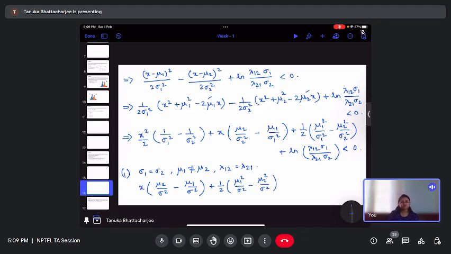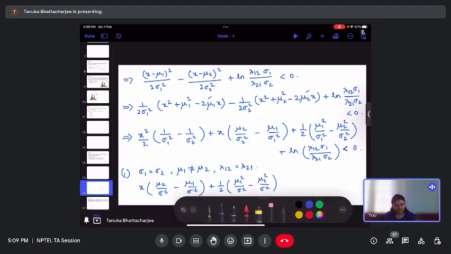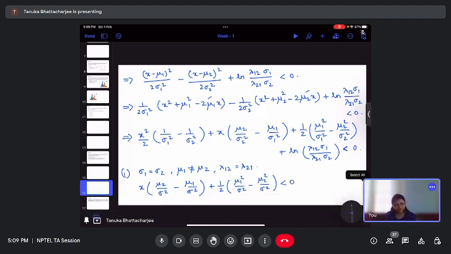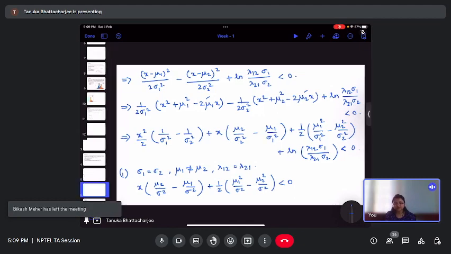Here in the last log term, your sigma 1 and sigma 2 are equal, lambda 1 2 and lambda 2 1 are equal, so this ratio becomes 1, so log of that becomes 0. So this is the classifier that you have, and you are now left with a linear classifier.